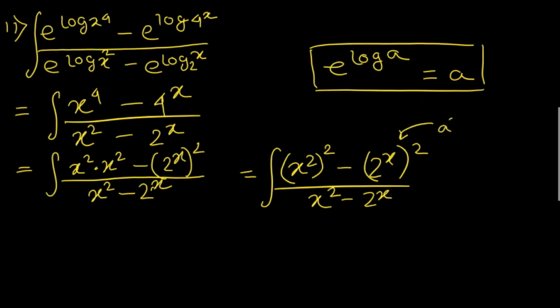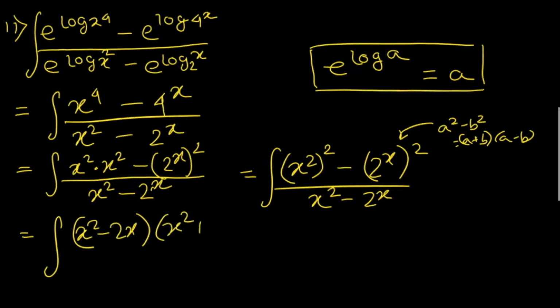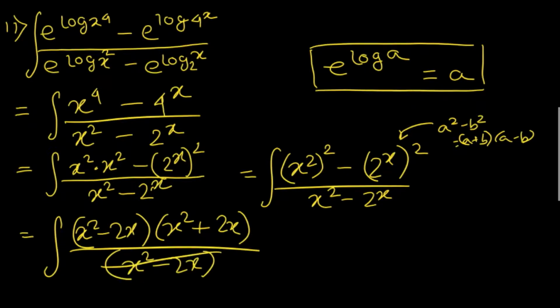Applying the a square minus b square formula, which gives a plus b into a minus b, it gives integration of x square minus 2 to the power x, x square plus 2 to the power x by x square minus 2 to the power x. So as you can see, the x square minus 2 to the power x terms get cancelled and we are left with integration of x square plus 2 to the power x.